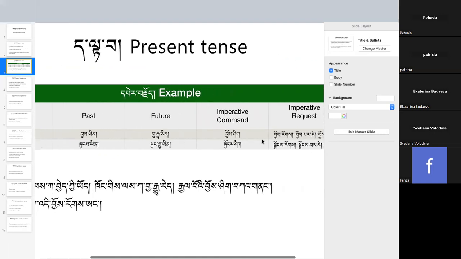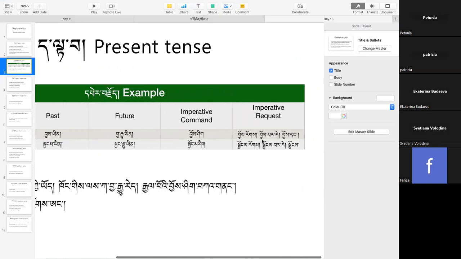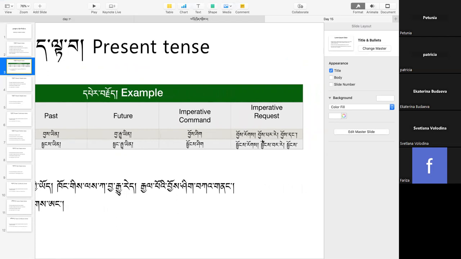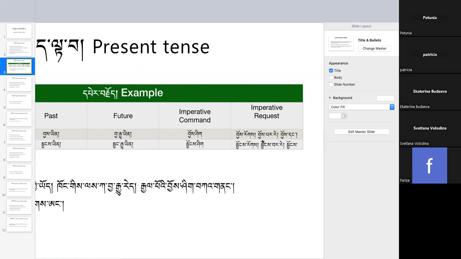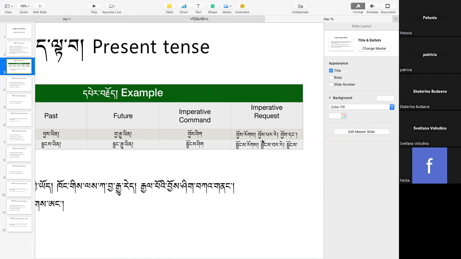And then there are two types of imperatives in Tibetan. One is the imperative command, the other is the imperative request. So for the imperative command, it's chö shik. But it should be understood that the spelling for both of the imperatives is the same.